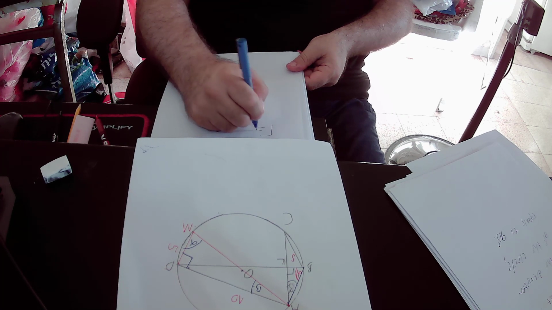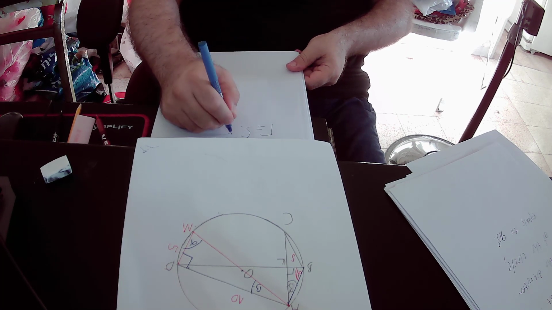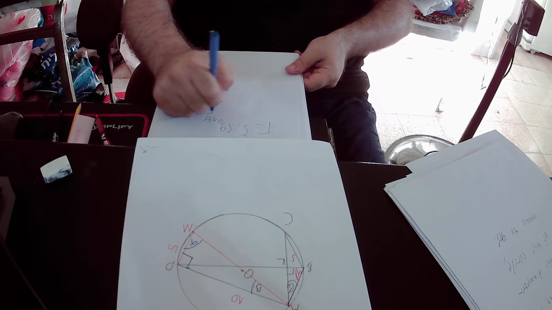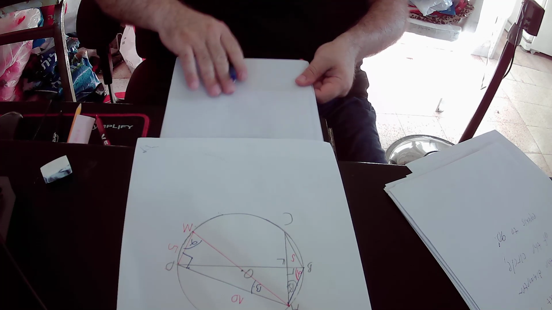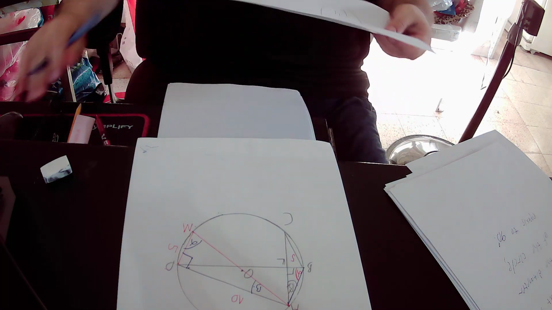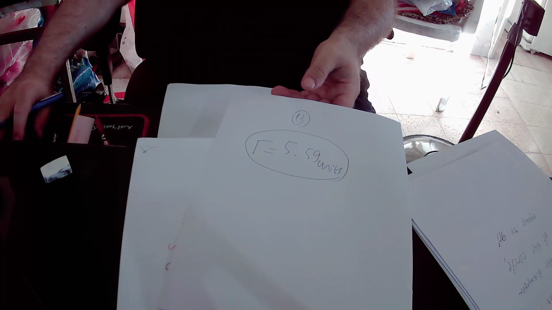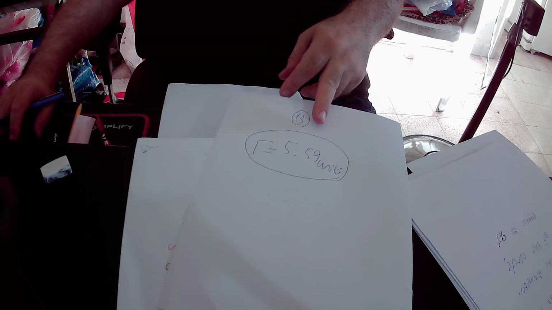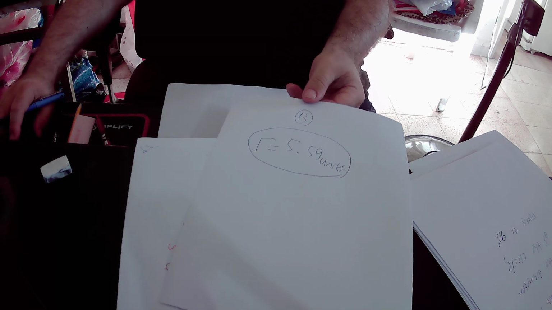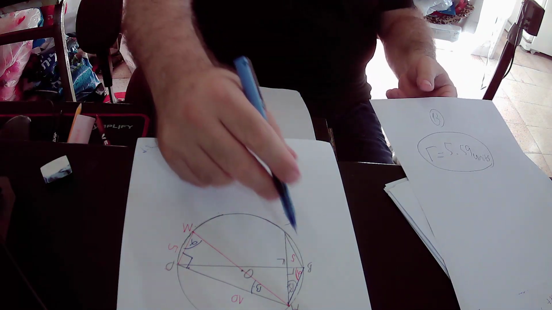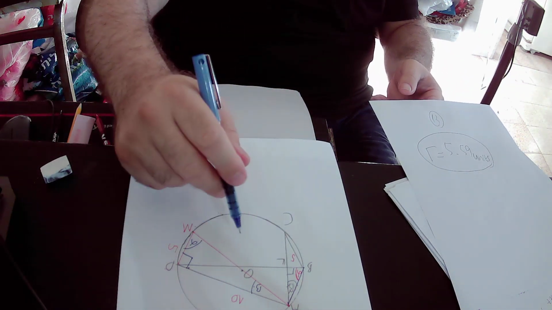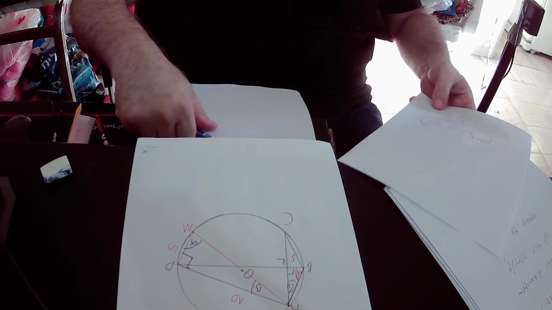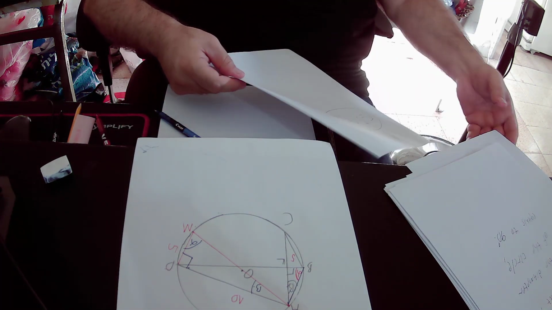The radius of the circle equals 5.59 units. Okay, now I will summarize the lecture.